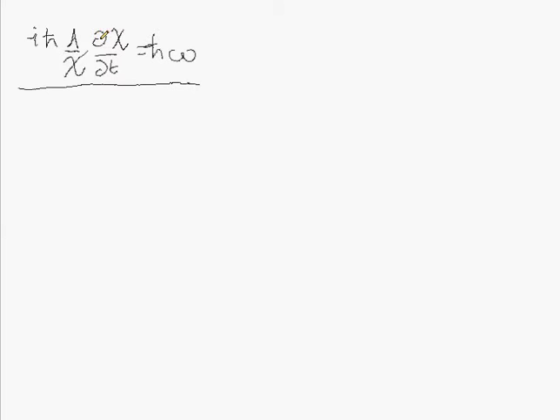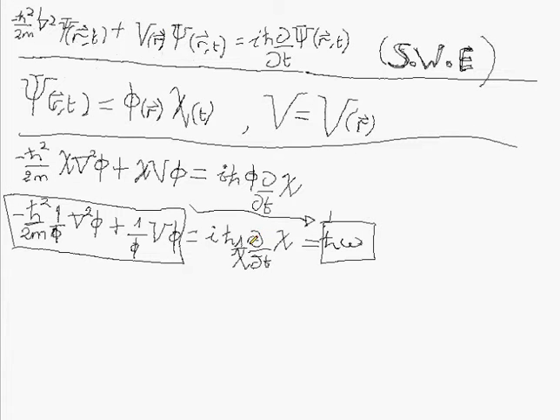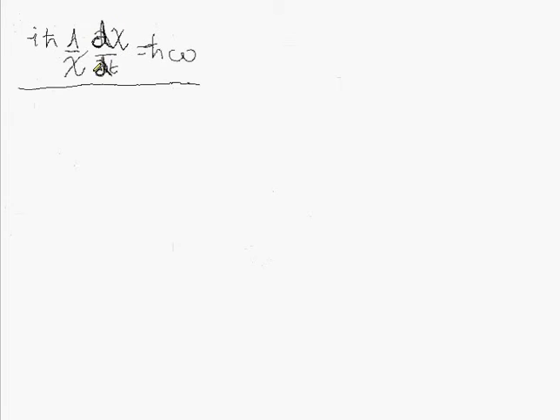And actually, just as a note, I noticed these can be written as full derivatives. Why can they be written as full derivatives? And I should correct them back here. The reason is that chi, which is being differentiated, is a function only of time.